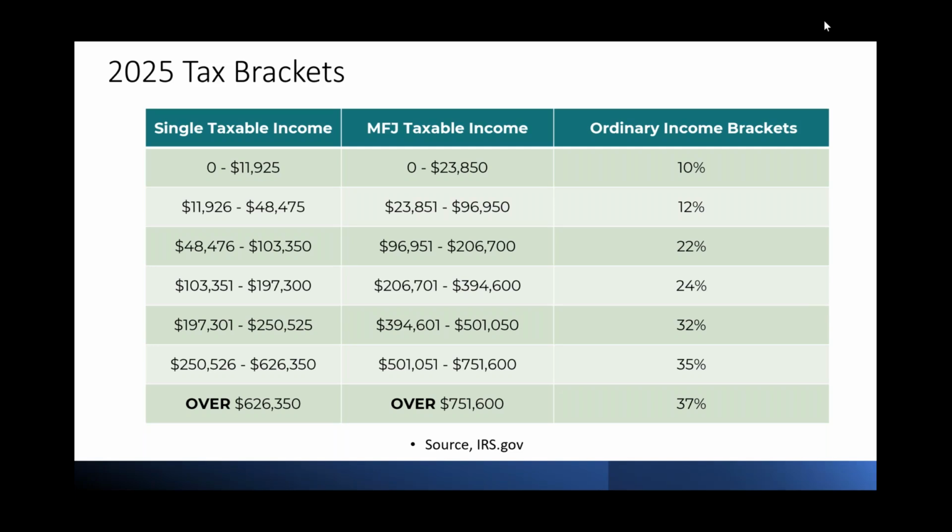Think about it this way: if you were to take the 10, the 12, and the 22% tax bracket and average them together, even though you're in the 22% tax bracket, after those averages, you may actually pay about 16% in federal taxes. So you're not paying the full 22, but it's the average, and that's called your effective tax rate.